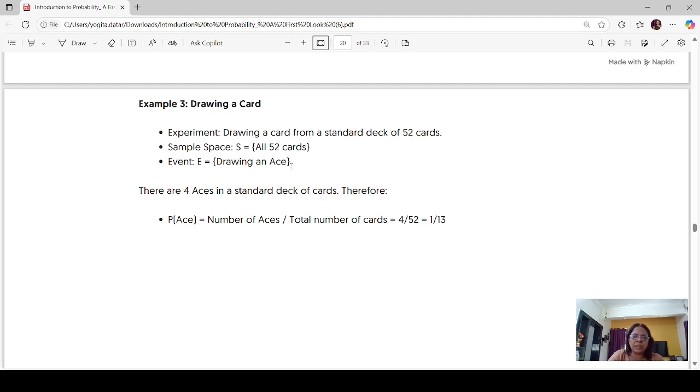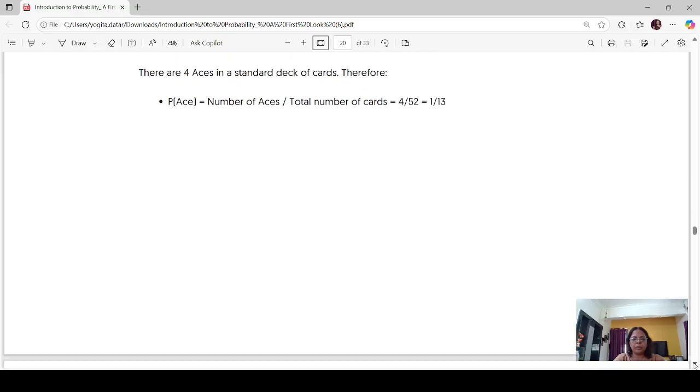Ace means in Marathi we call it ekka. There are 4 ace cards in a deck, so the event E will have 4 sample points, and when divided by the total number of cards, we get 4 by 52 equal to 1 by 13 as the final probability.